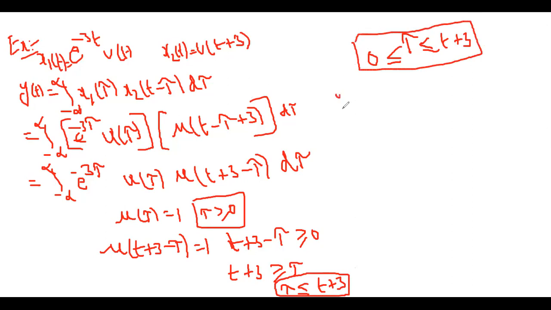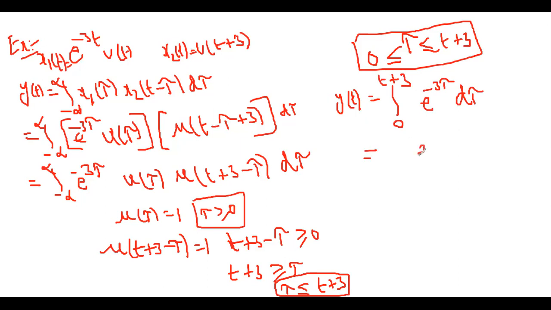Change the limits. Now y of t is equal to the integral from 0 to t plus 3 of e power minus 3 tau d tau, since u of tau and u of t plus 3 minus tau are 1.